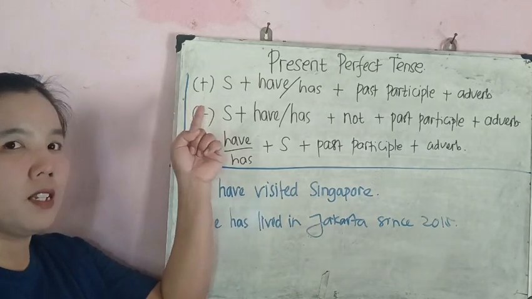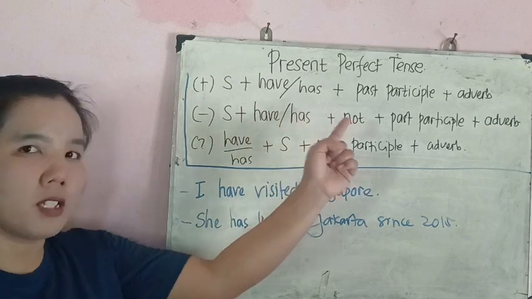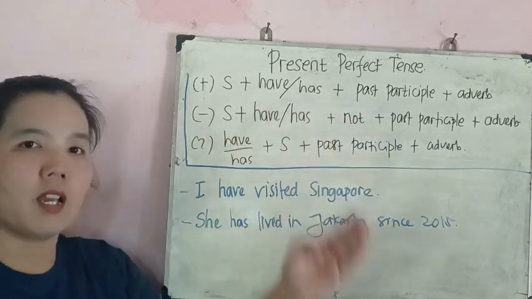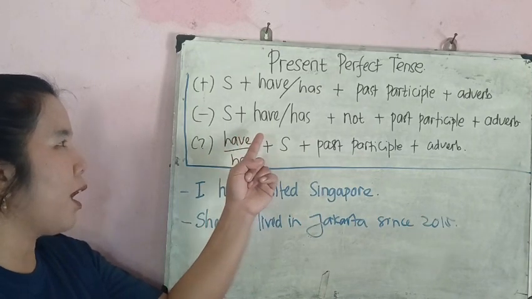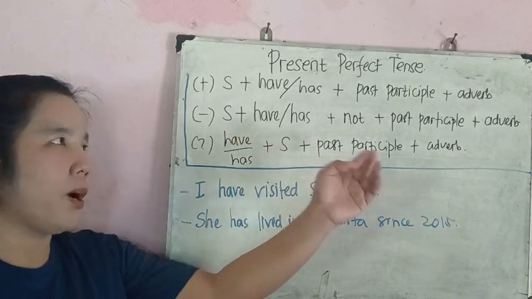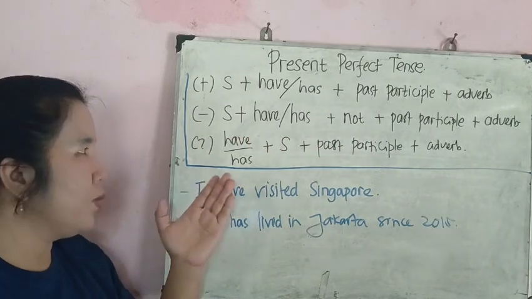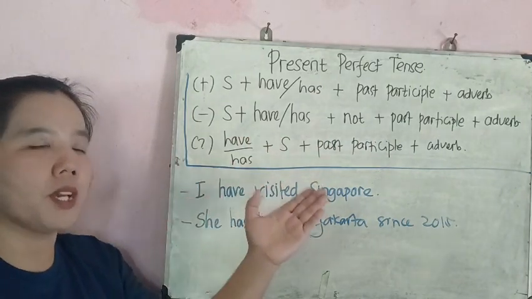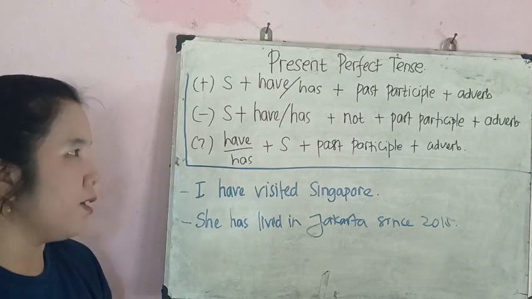Look at the structure of present perfect tense. In positive sentence, we use subject plus have or has plus past participle plus adverb. In negative sentence, we use subject, have or has, not, past participle and adverb. In question, we use have or has plus subject plus past participle and adverb.